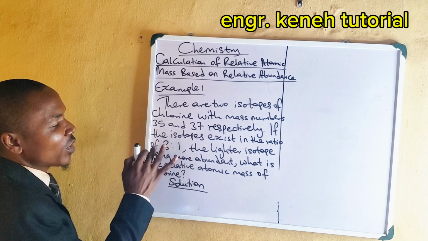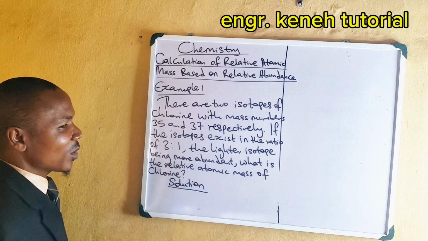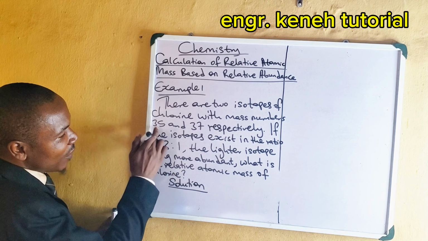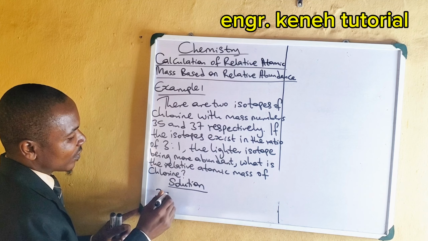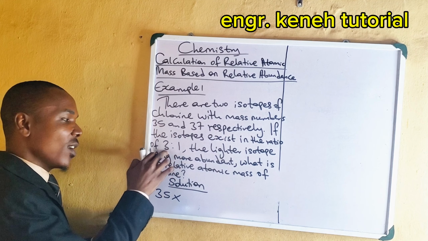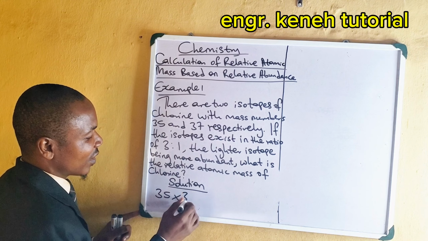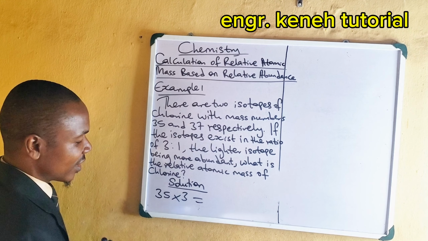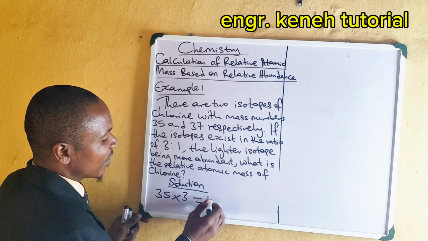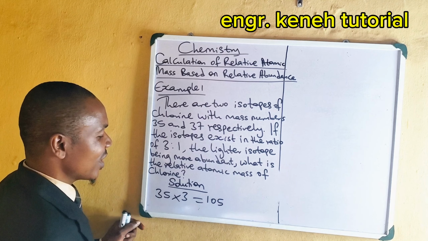First of all, you multiply these masses by their respective ratios. So what we have here is 35. They said it is the smaller one, it has the more abundance, so you have 3 like this. When 3 multiplies 35, you have 105. Can you see that?